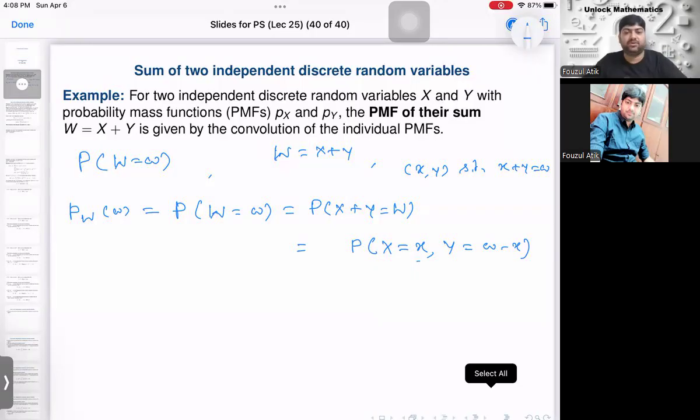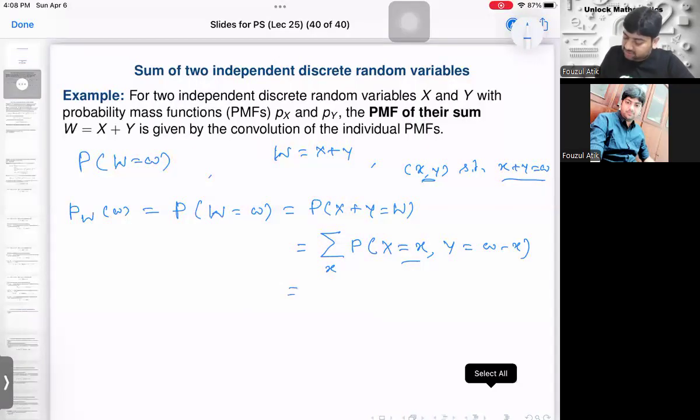So what we are doing is trying to find all such xy for which x plus y equals w. So you take X equal to x, therefore Y equal to w minus x, and then we have to consider all such x. So this will be equal to the sum of their probabilities, a sum over x. For all such x where X is equal to x and Y equal to w minus x, definitely x plus y equals w. Therefore, we can have this.